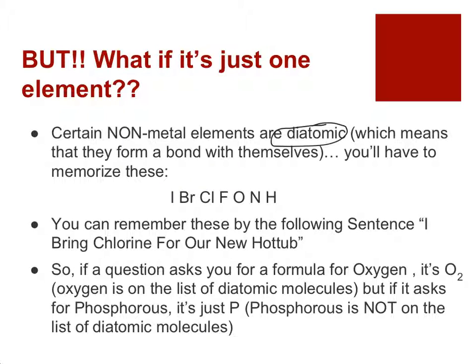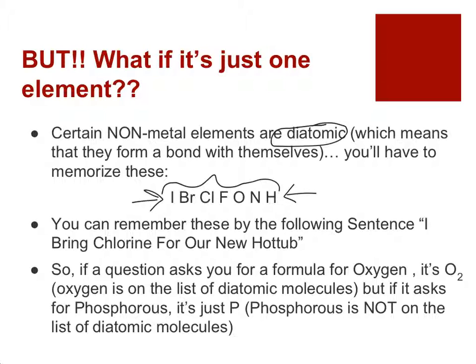There are 7 elements that do this: iodine, bromine, chlorine, fluorine, oxygen, nitrogen, and hydrogen. So all 7 of these are diatomic, meaning that if I asked you for a formula for oxygen, you would write O2 and not just O. But if I asked for phosphorus, it would be just P, because phosphorus doesn't show up on this list.